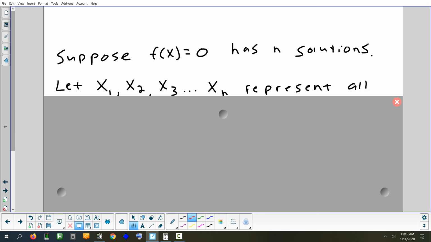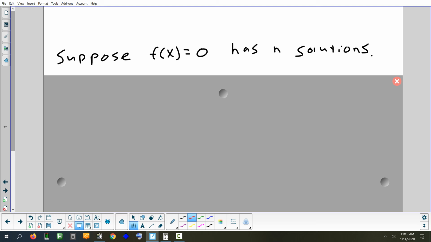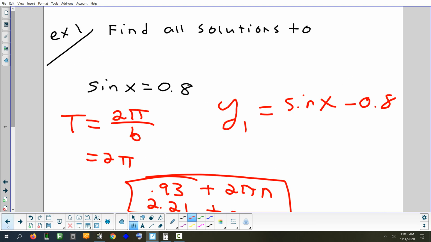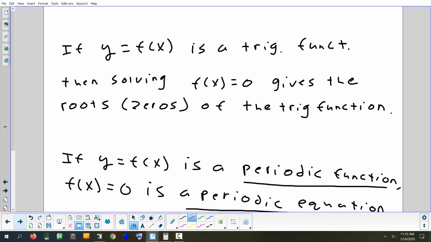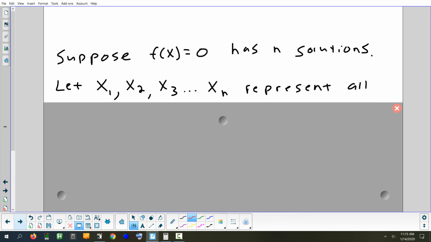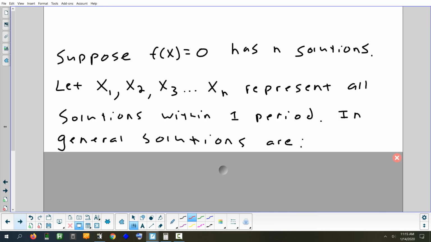Okay, this part, you guys have seen this before too. So let's suppose you get an equation, you set it equal to 0, and you have n solutions. In the problem we just did, we had 2. There they are. 1, 2. So the idea is you find all the solutions within one cycle.